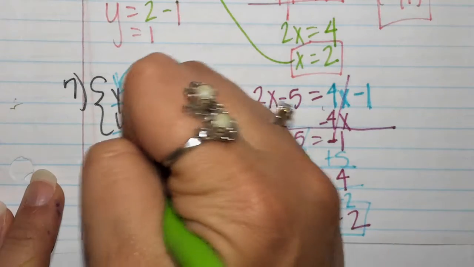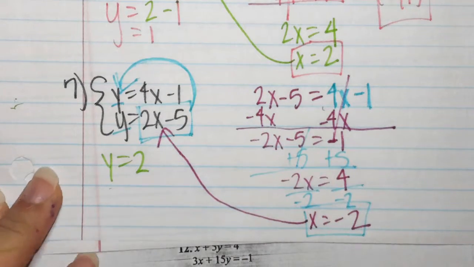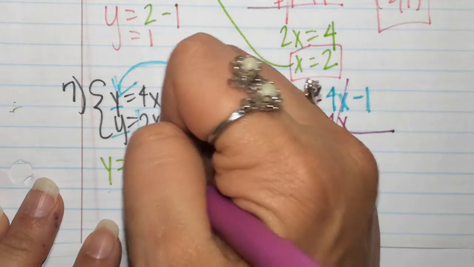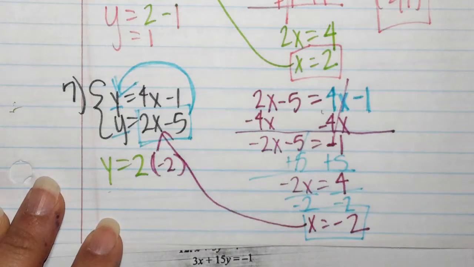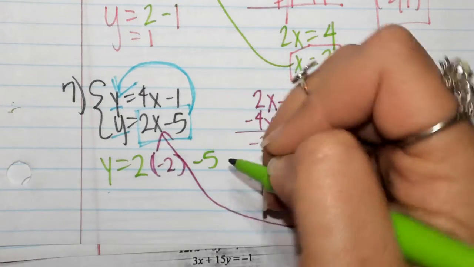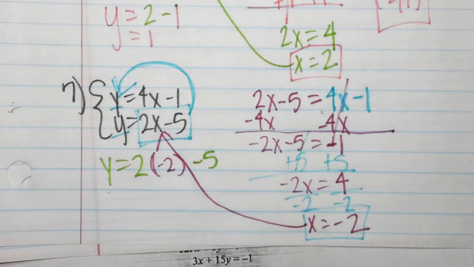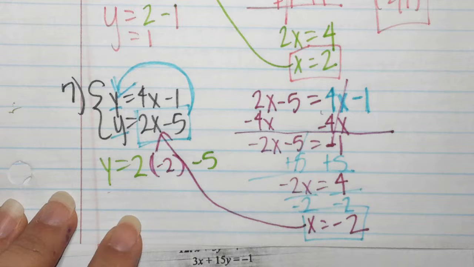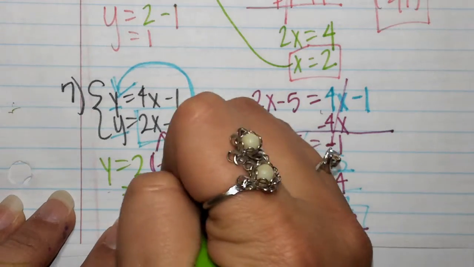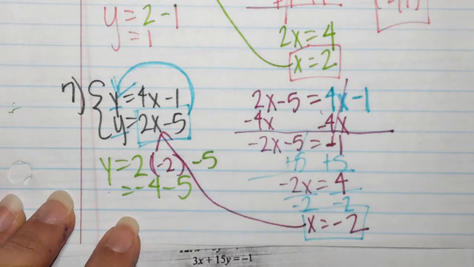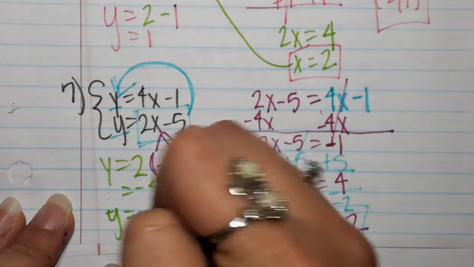Alright, so y equals 2 times what we found x to be, -2, minus 5. What's 2 times -2? -4. What's -4 minus 5? -9.